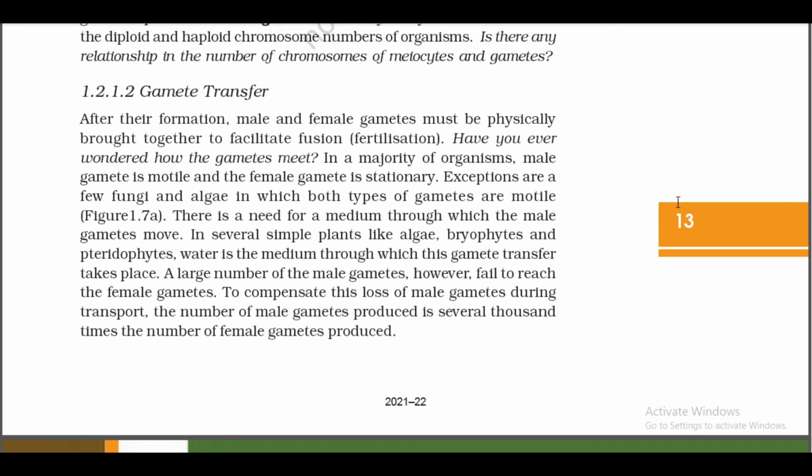Exceptions are a few fungi and algae in which both types of gametes are motile. Figure 1.7a. There is a need for a medium through which the male gametes move. In several simple plants like algae, bryophytes, and pteridophytes, water is the medium through which this gamete transfer takes place.